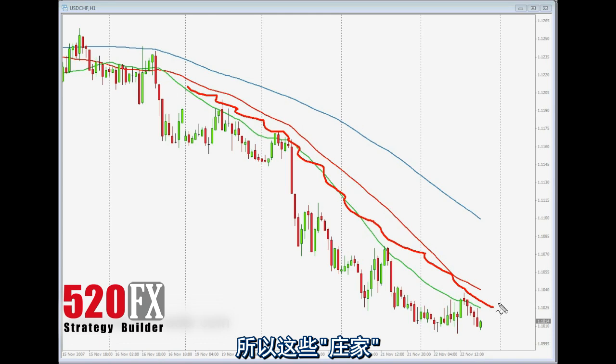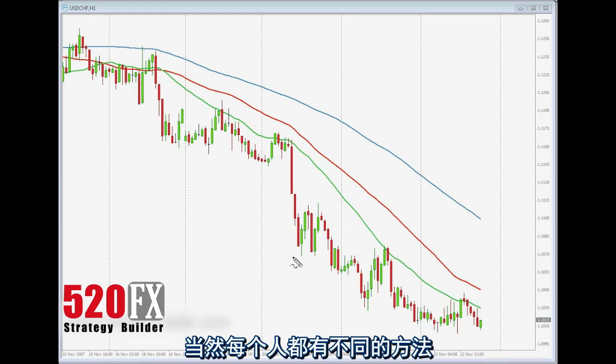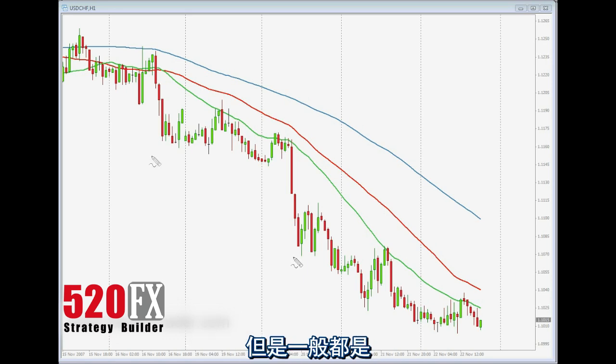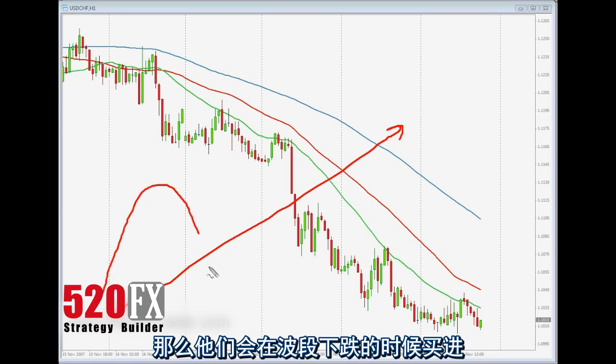So these guys, the large traders, they basically are all trend traders themselves, and of course they all follow different trading approaches, but basically they sell pullbacks in a downtrend, or they buy retracements in an uptrend. Let's say you have an uptrend, and they basically buy the pullbacks.